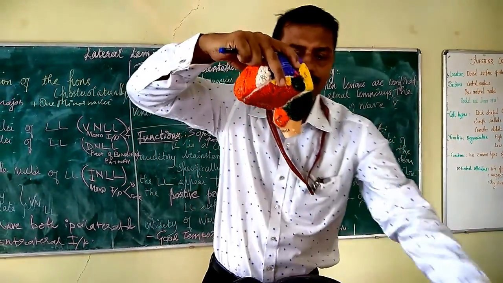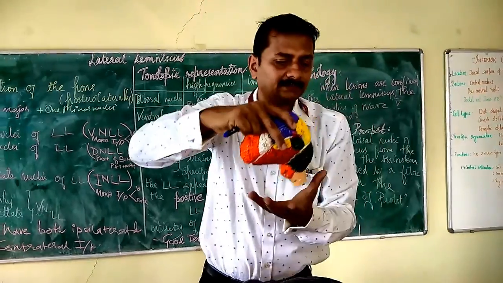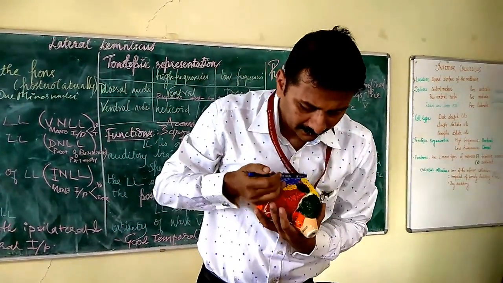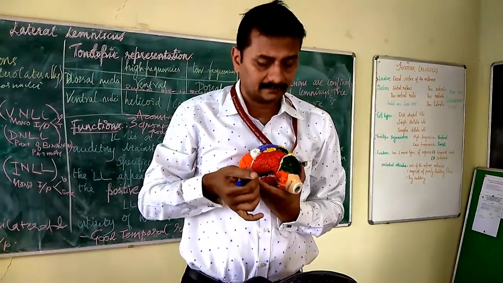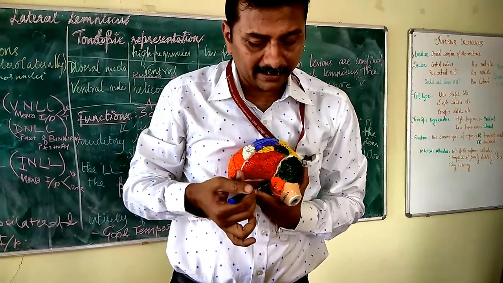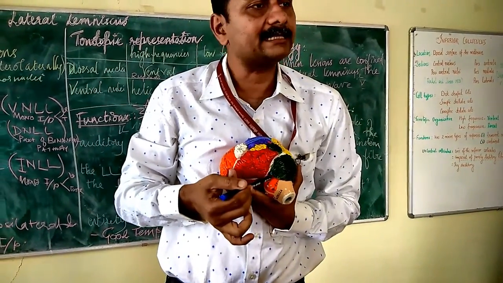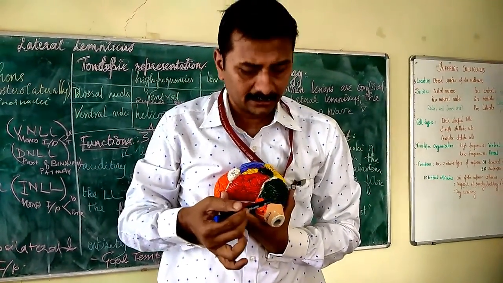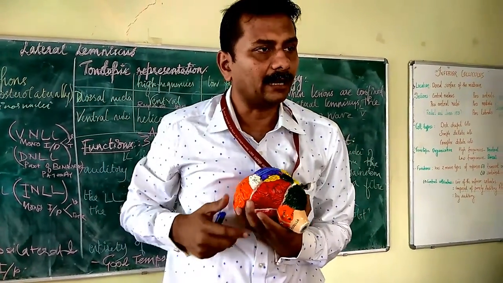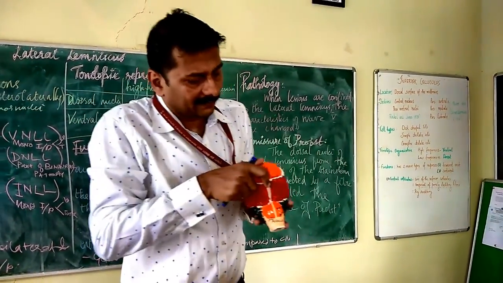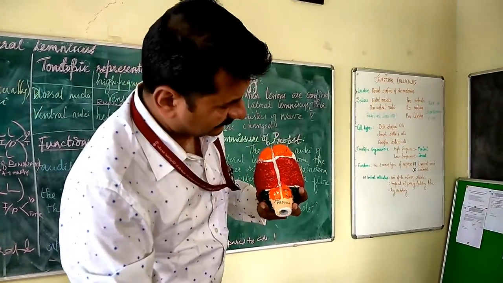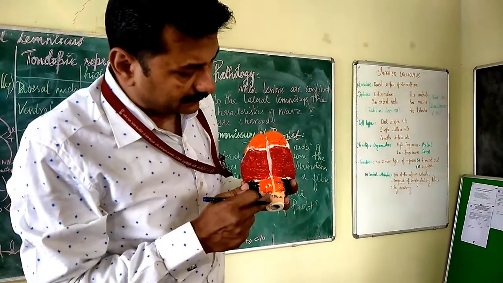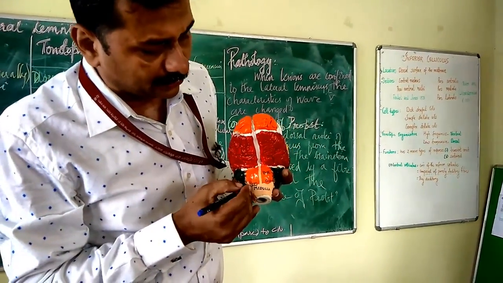If we take this out, then we have the brainstem here. Inside will be the midbrain. The orange part is the pons, and the peach part is the medulla. So if we take it up like this, then we can see that at the junction of the medulla and the pons was the cochlear nucleus.